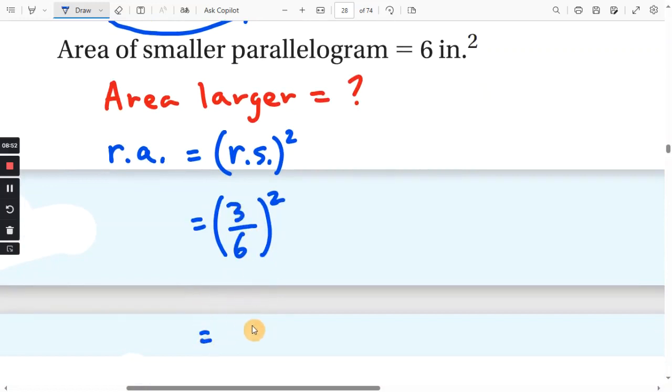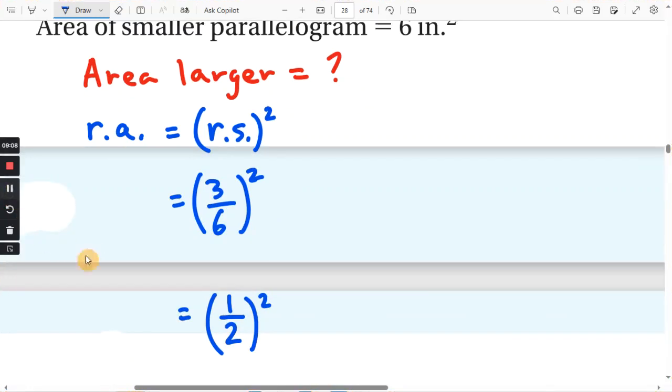So let's see. 3 divided by 6 is what? Well, they're both divisible by 3. 3 divided by 3 is 1. 6 divided by 3 is 2. Okay? If you square 1/2, let me write this over here because I'm making a mess.